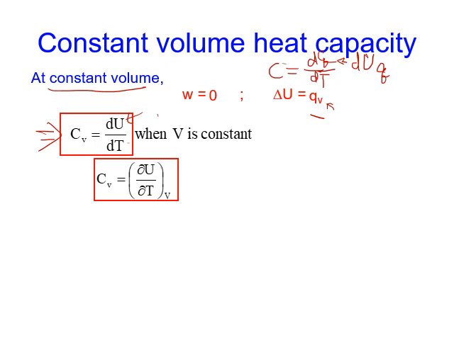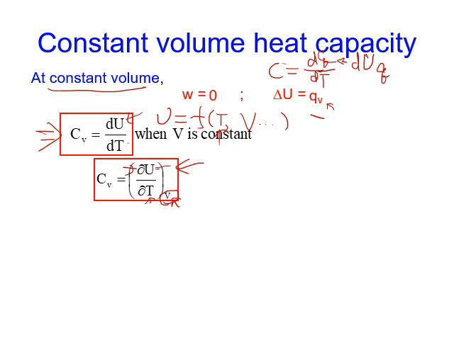Now, usually internal energy is a function not only of temperature but also volume and other variables. In calculus, a derivative taken only over temperature is called a partial derivative. So this is the partial derivative of internal energy over temperature when volume is constant. This means keep volume constant, only change temperature, and take the derivative of internal energy over temperature. That's the constant volume heat capacity.